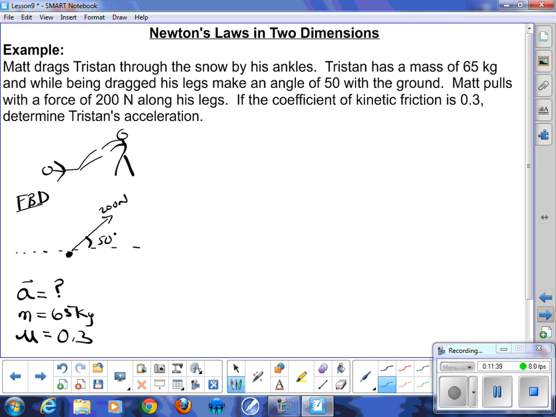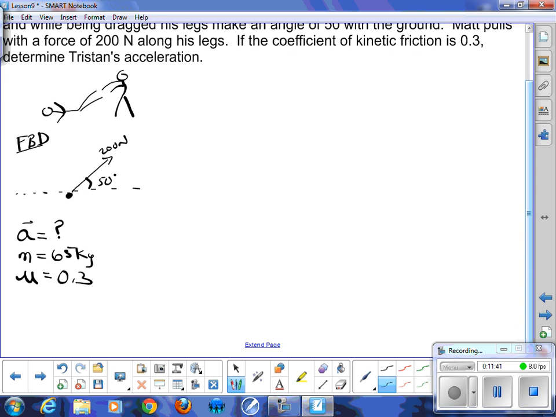So finishing up the free body diagram, what's involved here? Well, we have our force due to gravity, we have our normal force, and we'll have our frictional force. And remember, from our vectors, we are going to have FAX and FAY.